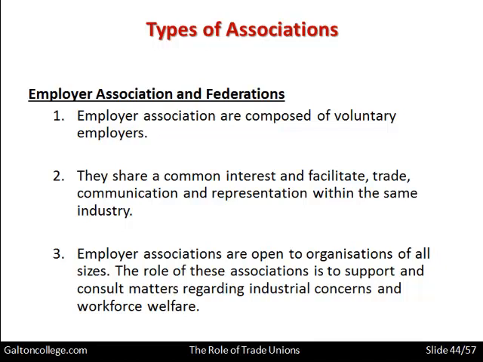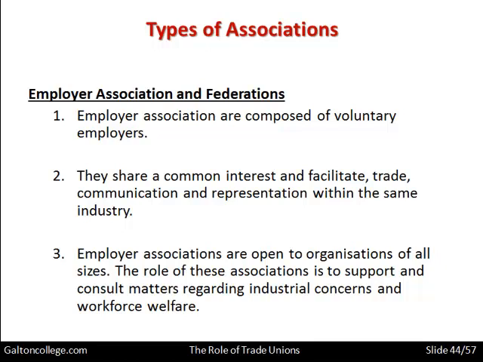And if they get an agreement, it'll filter down to all the members of that organisation. And if any member objects to what that agreement was, then that particular employer will stand out from the rest. Could be ostracised, in fact, by the other employers.